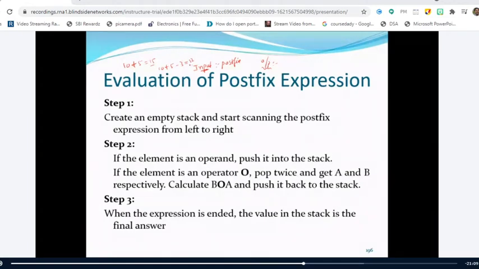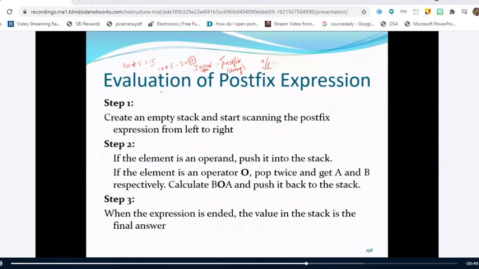So the output will be a single value, right? So for the evaluation of postfix expression algorithm, the input will be a postfix expression. That means you have to take it as a string, and the output will be a single value. That is the result of this postfix expression. Is it clear? Yes, sir.